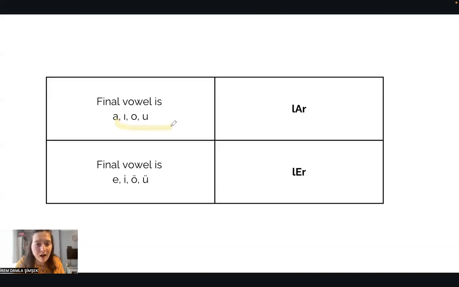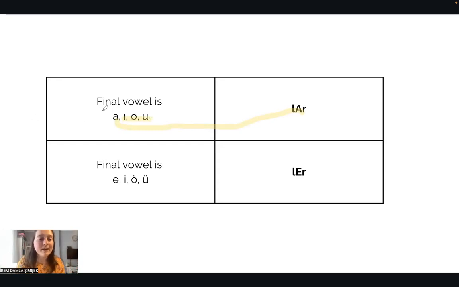Okay, if you have a as the last vowel, you continue with a. And the vowels without dots also continue. You have to follow with lar. This is the code. Okay, this is easy to remember.